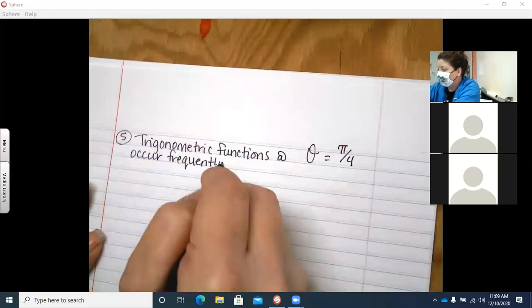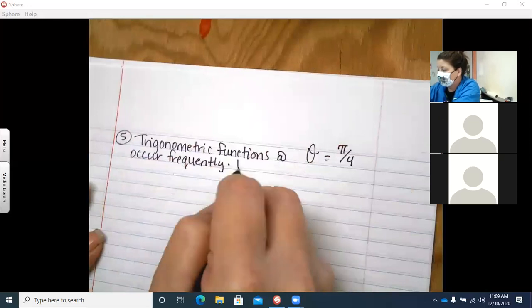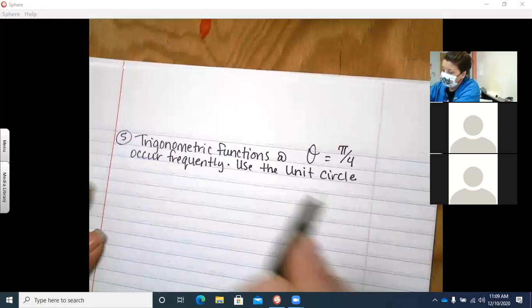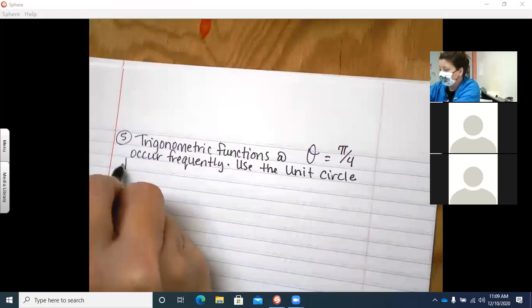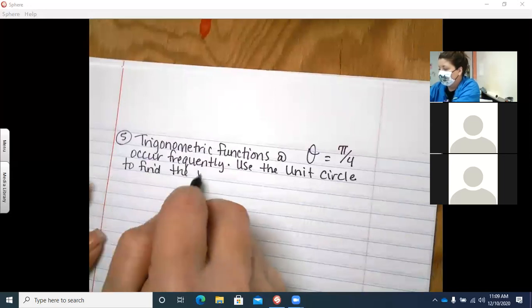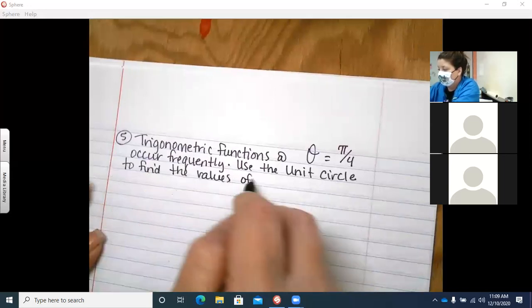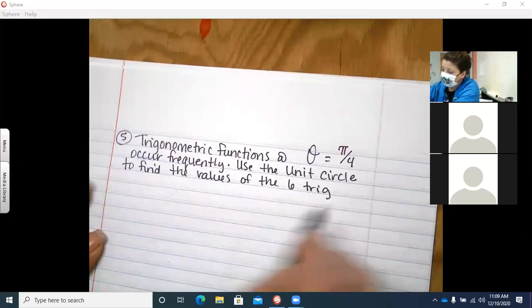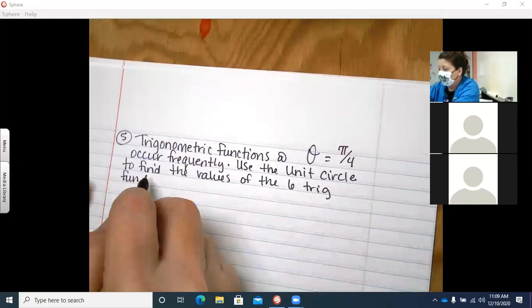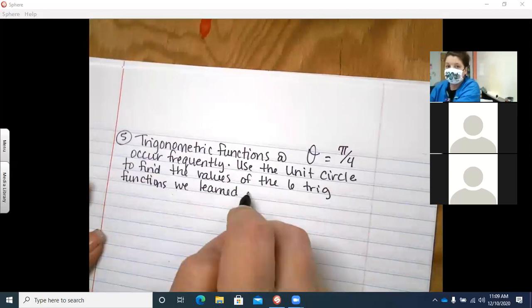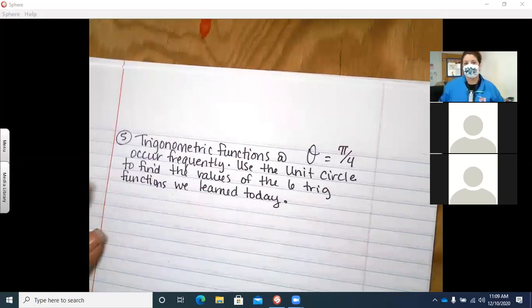Use the unit circle to find the values of the 6 trig functions we learned today. And I'll let you go from there.